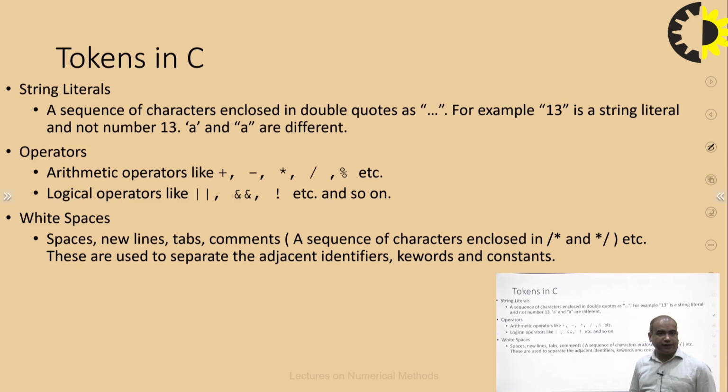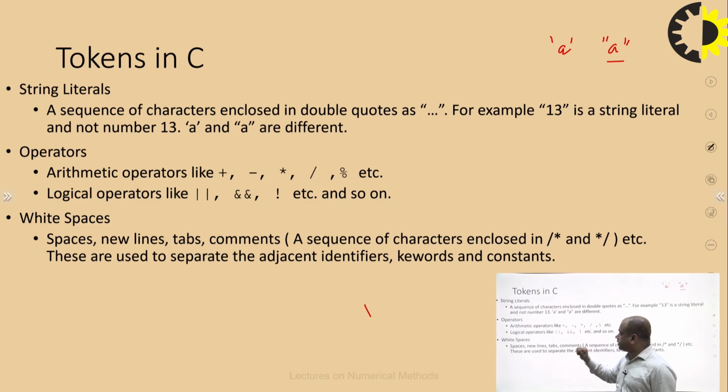A character is enclosed in single quotes. But this one is a string literal. For example, "13" is a string literal. C will treat it as a string literal, not as a numeric value. This A and this A are both different, because this will be treated as a character value and this will be treated as a string value.